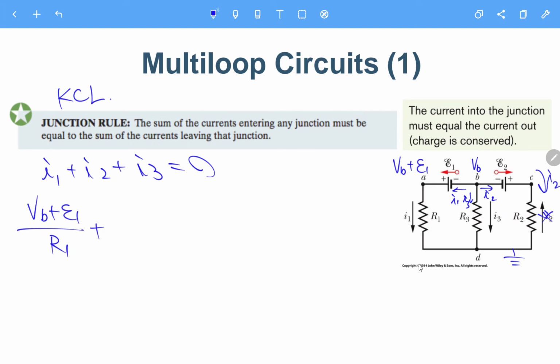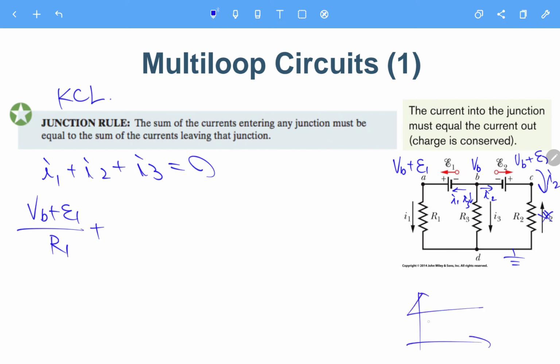So I1 here is VB plus E1 over R1. And then for I2, we should determine the current according to this resistor, and then we have to know this potential VC. So VC here should be VB plus E2. Don't try to consider the current going through this battery independently, because as I mentioned, for an ideal battery you cannot know the current.